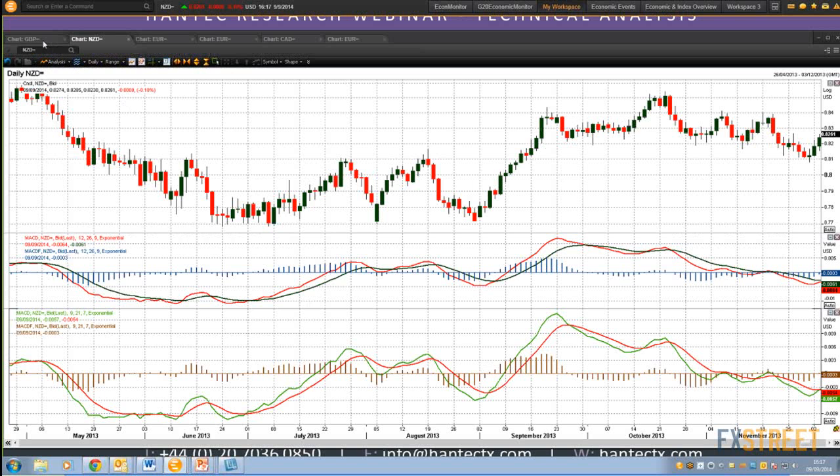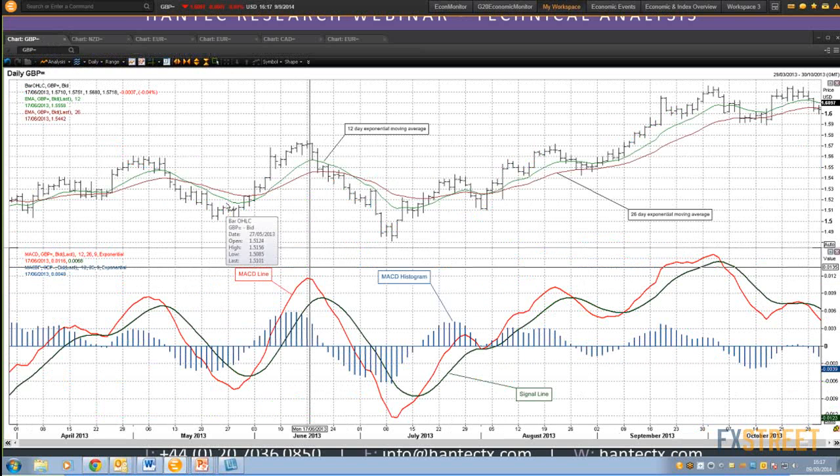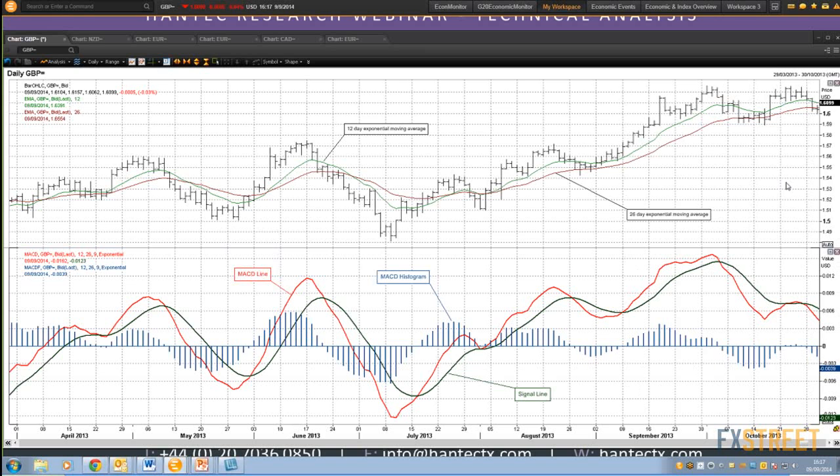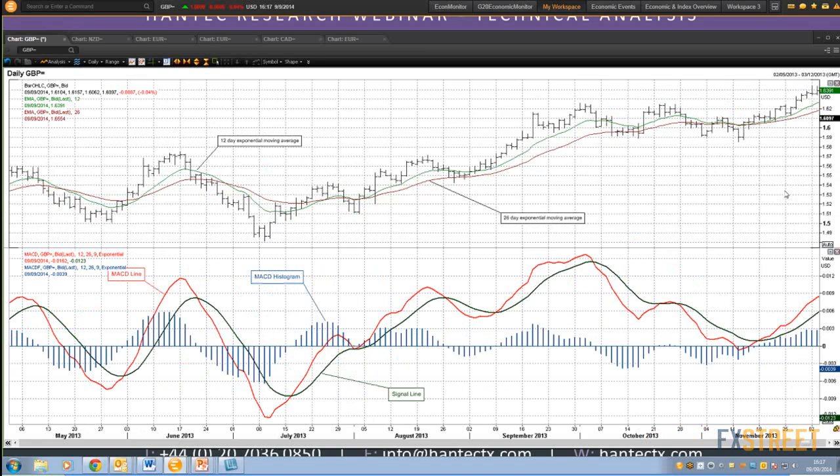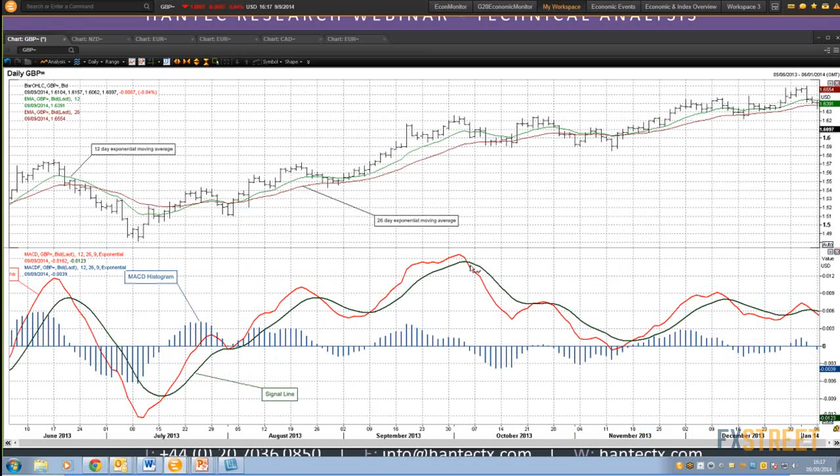Here we go. Okay, you can have your MACD lines falling, but you've still got positive momentum, which suggests that it can just be a retracement within a strong trend.